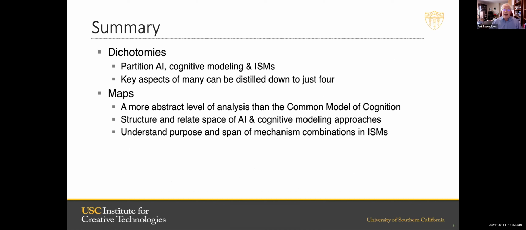Maps provide a more abstract level analysis than the common model. But in the trade-off, they give you a way of structuring and relating the space of AI and cognitive modeling approaches, and understanding the purpose and span of mechanism combinations in ISMs. In some sense, like what Andrew and Rick were trying to do, but in a broader, less elegant fashion, you could say.